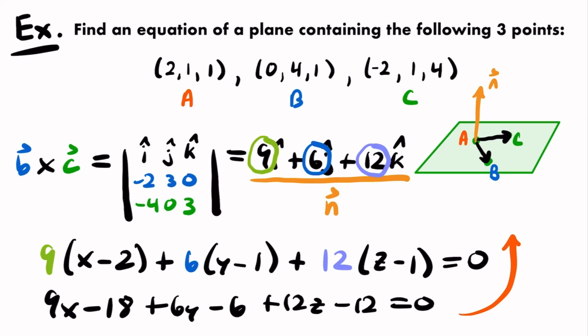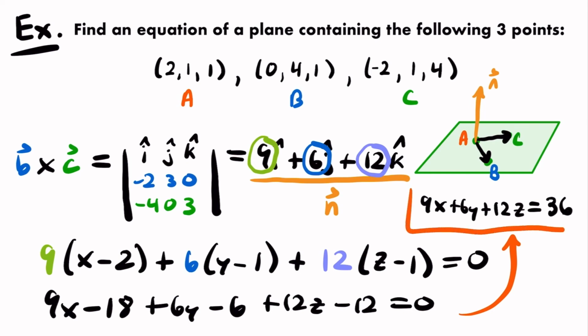And so if we do that, we will have 9x plus 6y plus 12z is equal to 12 plus 6 plus 18. And 12 plus 6 is 18, plus another 18 is 36. So we have 36. Okay? And so that would be the equation of the plane that passes through these 3 points.